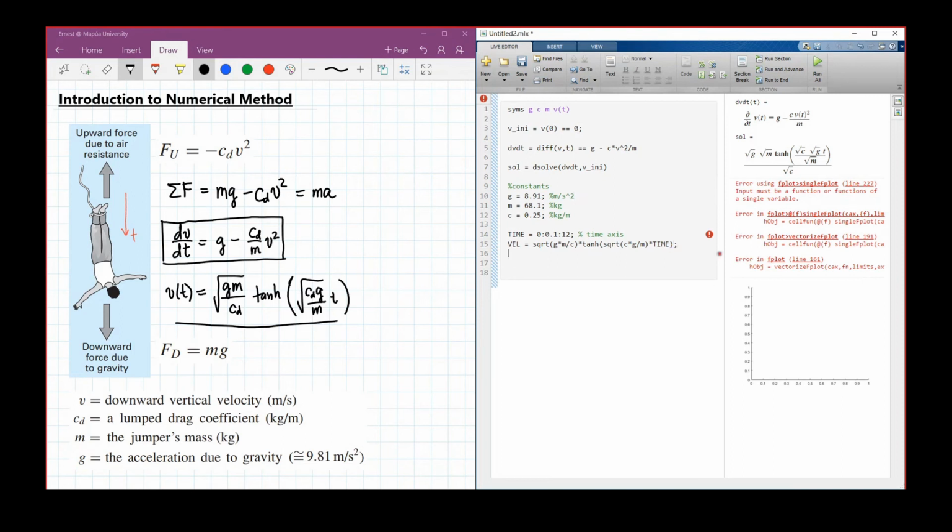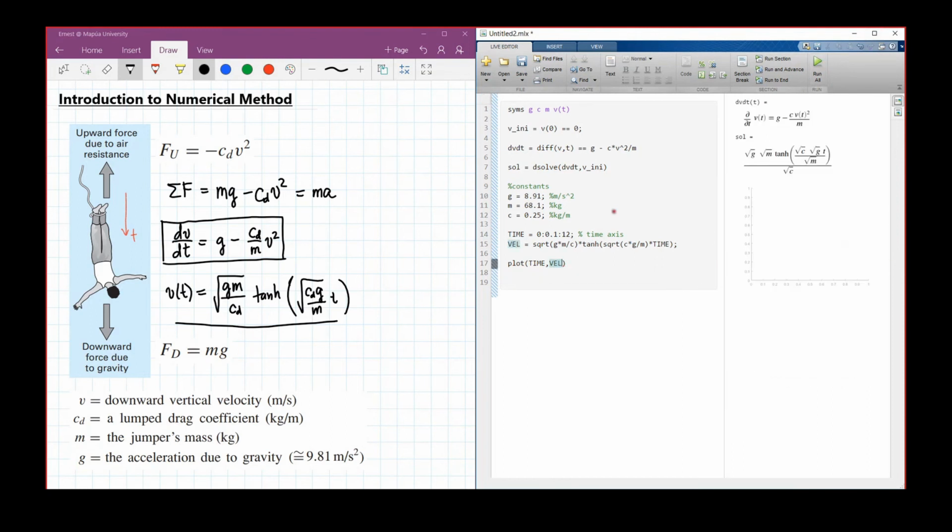Okay, and then let's do the plot. So this is time, and then let's see. Okay, so this is your graph. Okay, and then let's do some labeling.